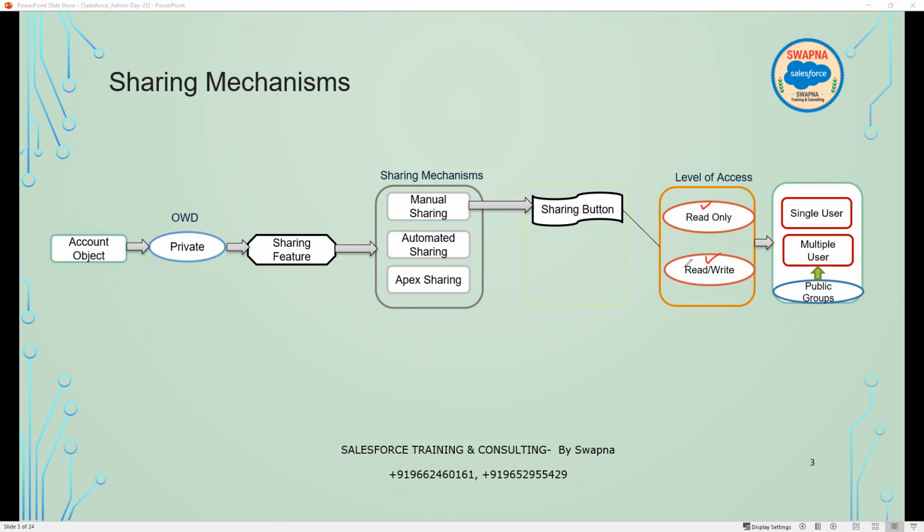So there are two levels of access for a record owned by user one: read only, where user two can just view the record, and read and write, where user two can read and edit the record.